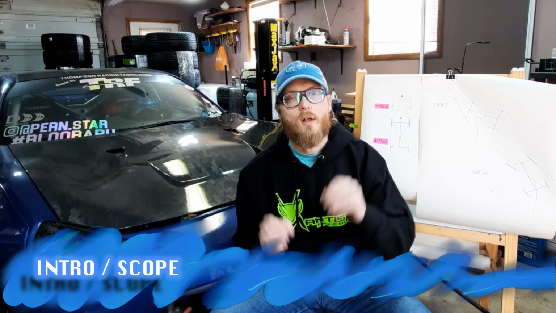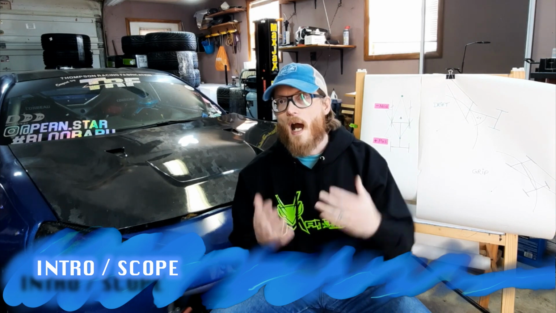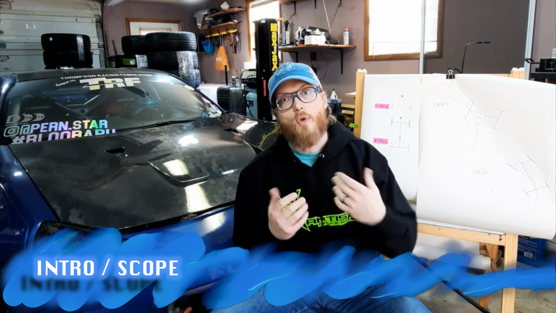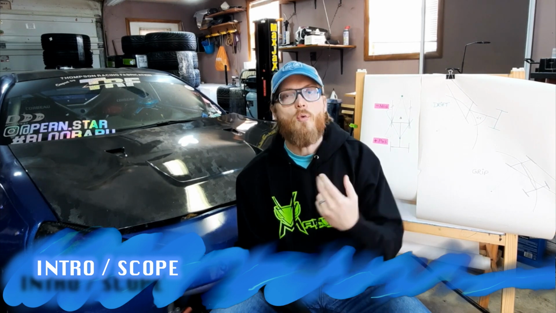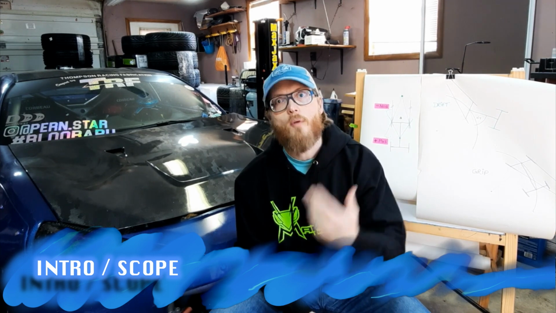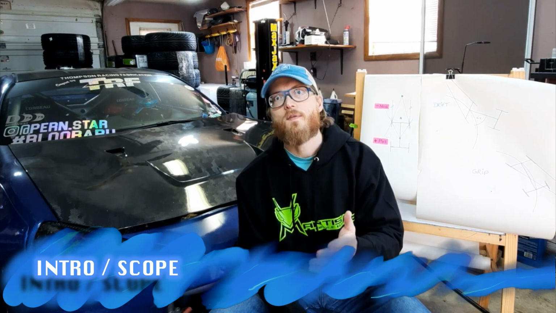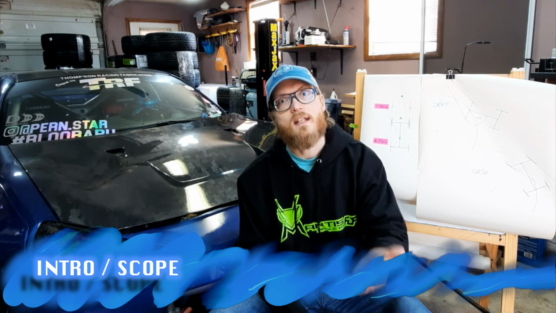So for this video, we're going to look at how you can change the setup on your car to get it to rotate very easily. You want your car to start oversteering without having to torture the car to do it. That makes for a car that ends up being easy to drift.